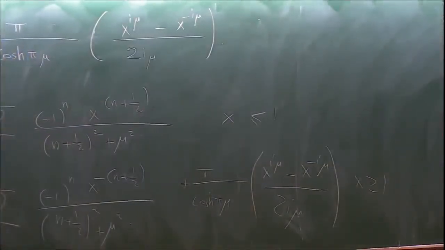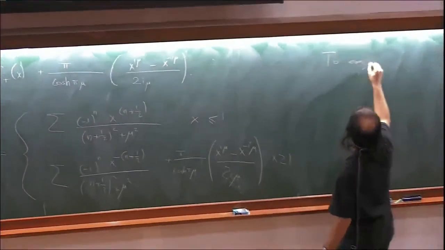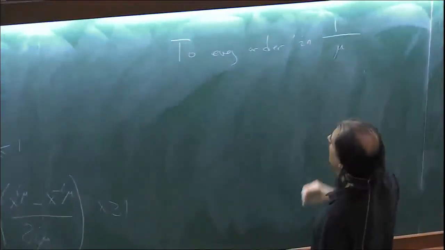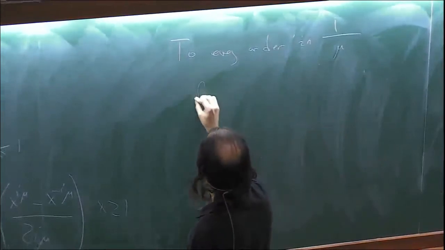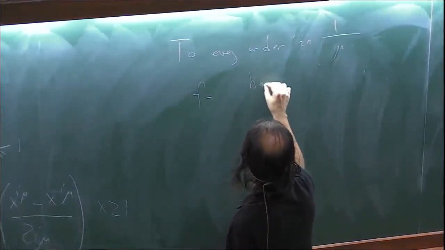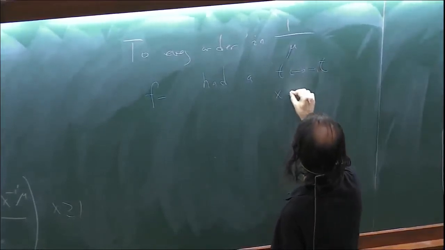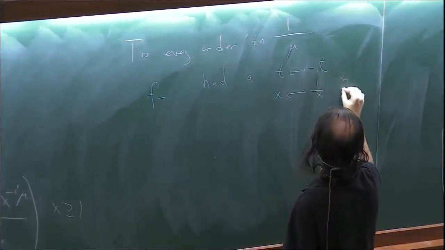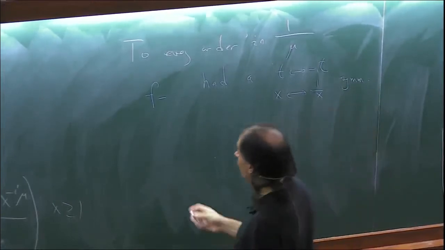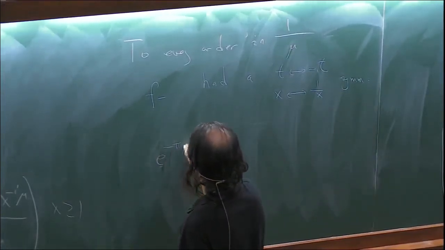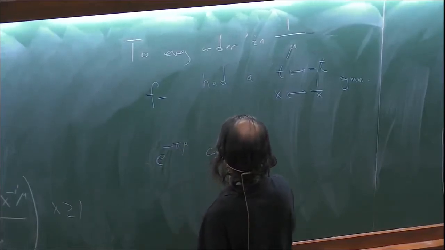Notice that while to every order in 1 over mu, f minus had a t to negative t, or x to 1 over x symmetry, the full exact answer, the e to the minus pi mu corrections spoil this.